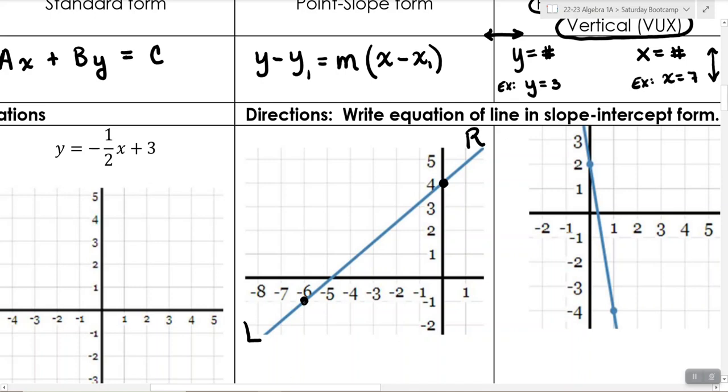Starting from this point, you go 1, 2, 3, 4, 5. So you go up 5, and then the run would be 1, 2, 3, 4, 5, 6. So in writing the slope, how do we write it? 5 over 6 or 6 over 5?